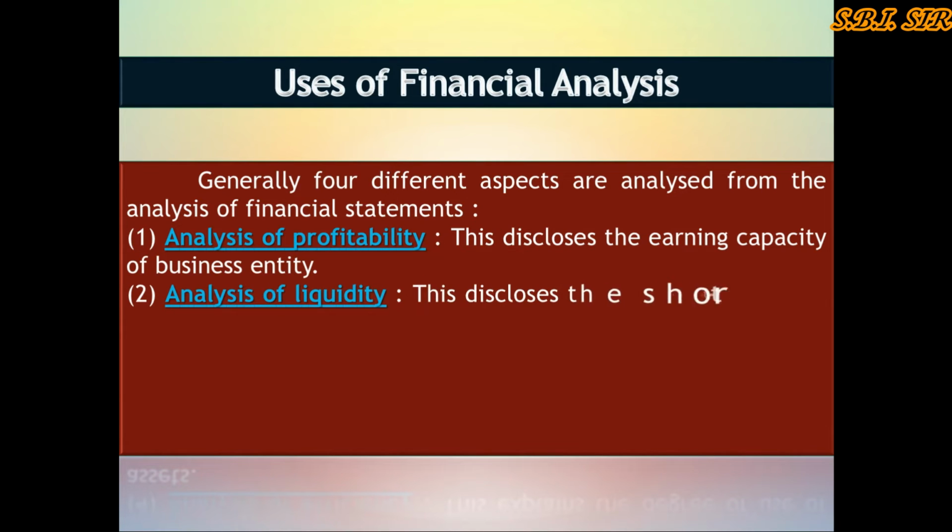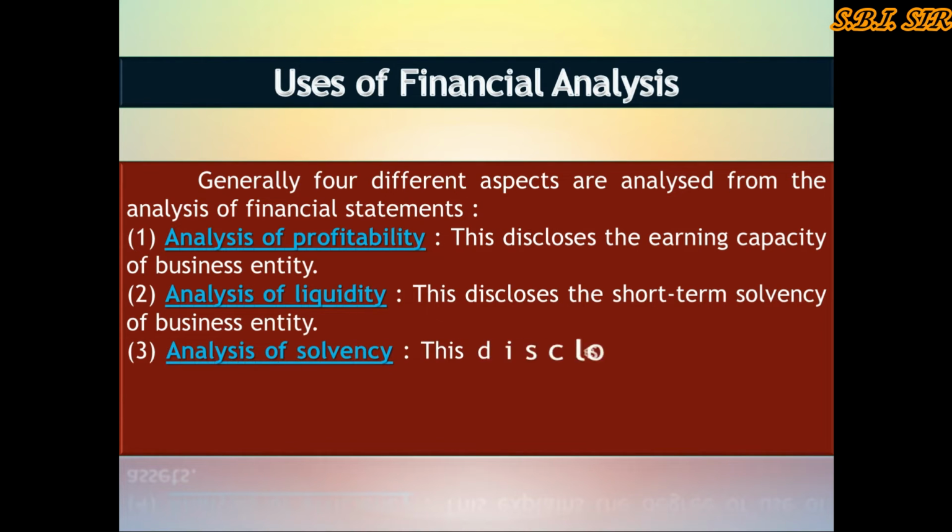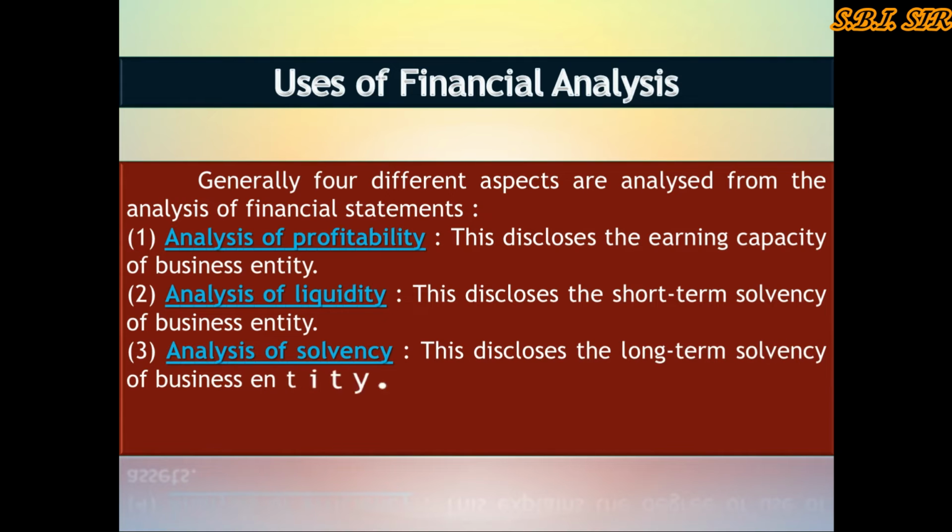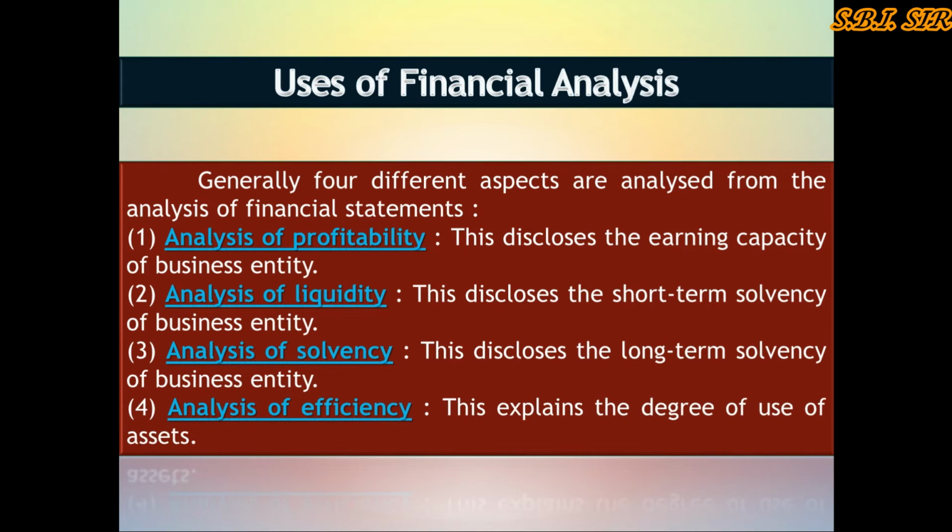Second one is analysis of liquidity. This discloses the short-term solvency of business entity. Third is analysis of solvency. This discloses the long-term solvency of business entity. Fourth, analysis of efficiency. This explains the degree of use of assets.